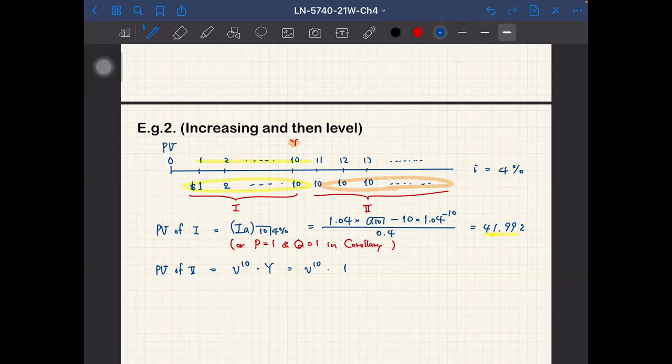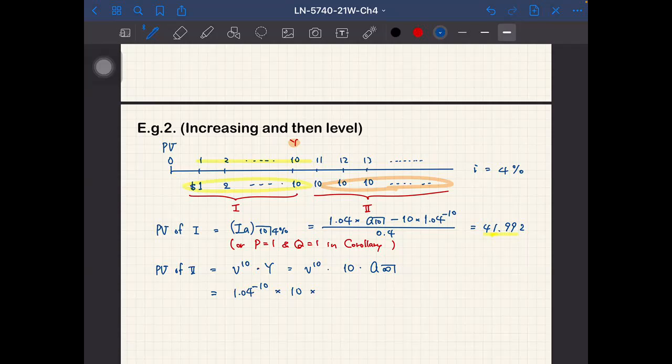Y is equal to 10 times a angle infinity, because this is the perpetuity immediate. So v is 1.04 to the power -1, so we have 1.04 to the power -10 times 10 times a angle infinity.